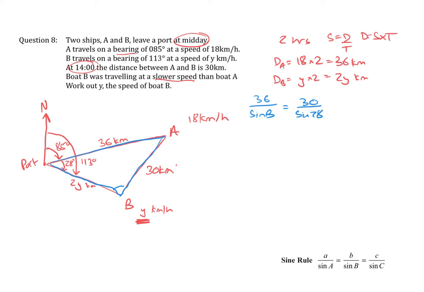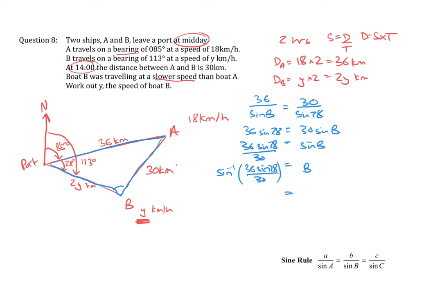If I rearrange this, I get 36 sine of 28 equals 30 sine B. B is obviously what I'm trying to find. Sine B is equal to 36 sine 28 over 30. B is the inverse sine, so sine to the minus 1 of 36 sine 28 over 30. Now I'll put it into the calculator and I'll get the answer of 34.3 degrees.